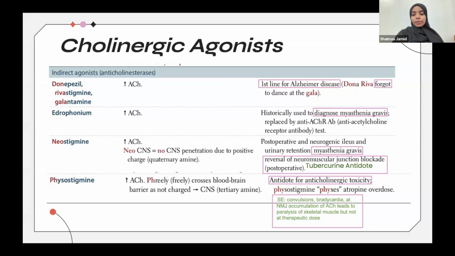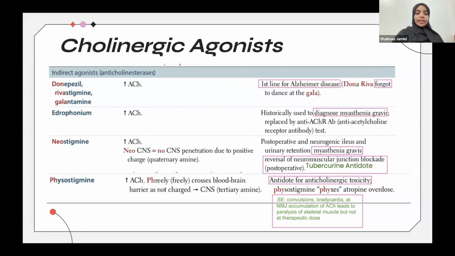And also, very importantly, it's used as an antidote to reverse the neuromuscular blocking by an agent called tubocurarine, which is an antagonist. So tubocurarine is used to block the muscles during surgery. After that, you give neostigmine to reverse that action.